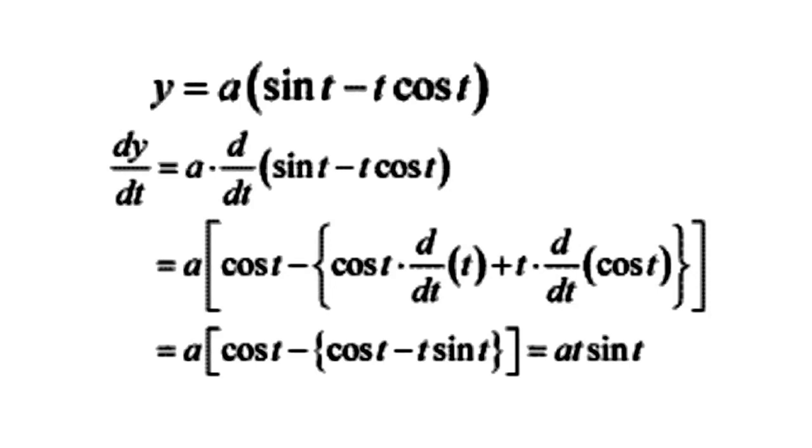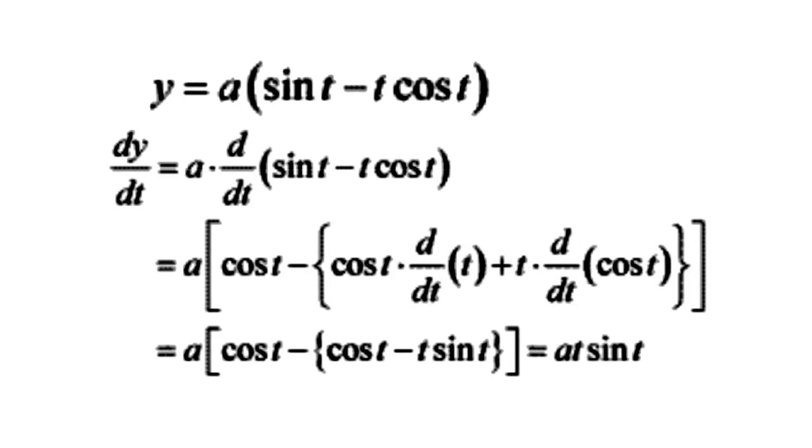In the next step, a will remain as it is. Now we are going to apply derivative in both terms. So derivative of sin t will be cos of t minus derivative of t into cos t, which is in the form of u into v.